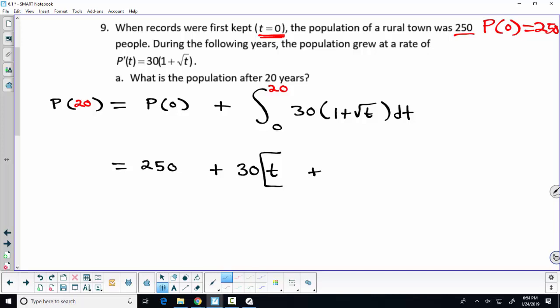So the antiderivative of 1 was t. What's the antiderivative of root t? 2/3 t to the 3/2, right? Do y'all have any questions on what we've done there?